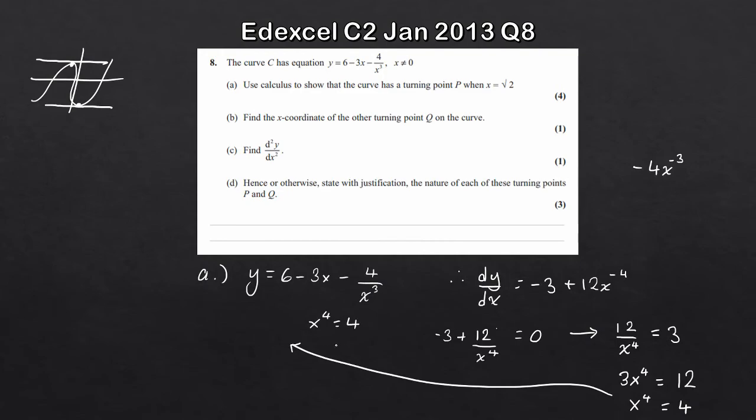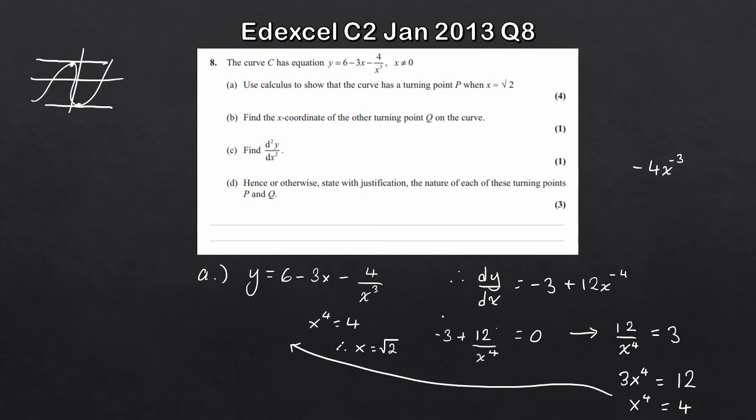Square root it first, so that would give you 2, and then square root it again. So therefore, x will be equal to root 2. Now if x is equal to root 2, like we said, sub that in here, you'll get 0 on both sides. So we can show that the curve has a turning point P when x is equal to root 2.